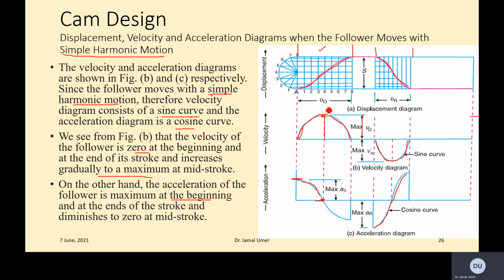That's why the magnitude of acceleration here is lower than this one. So the return acceleration is different. This is another diagram where we see that the profiling of the cam does not necessarily have equal forward and return strokes. They could be different.